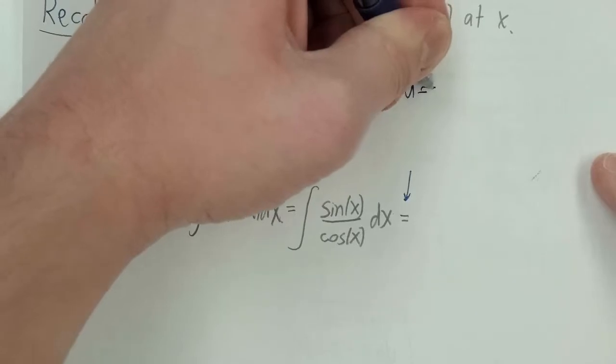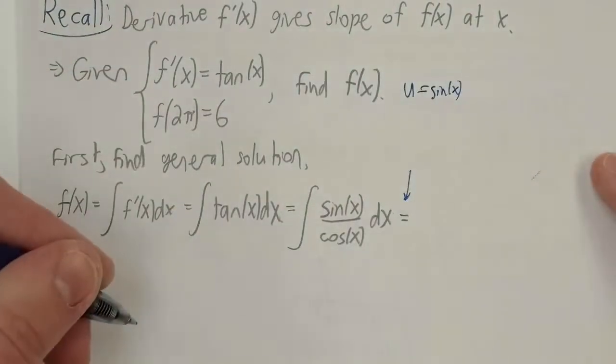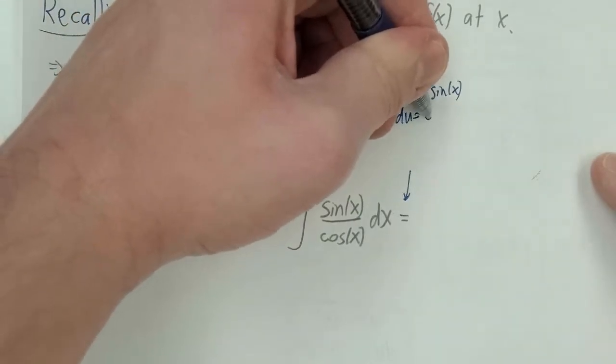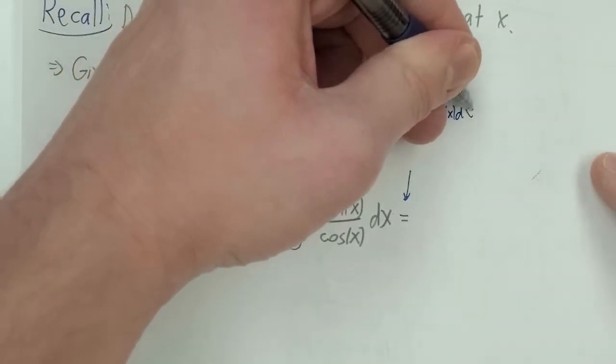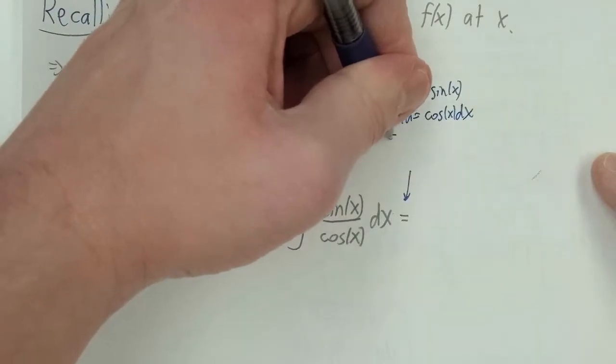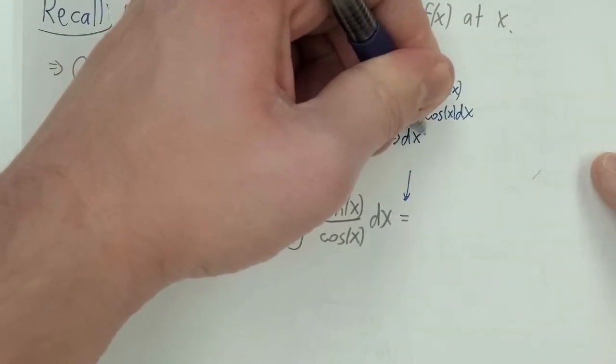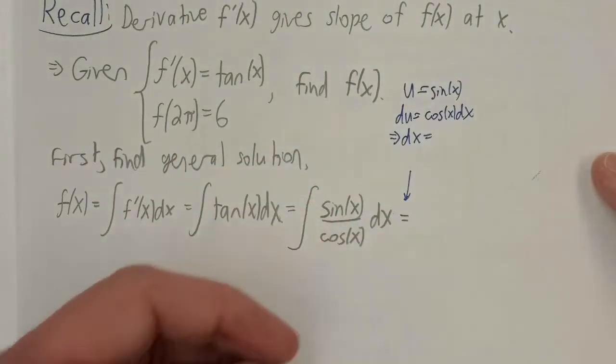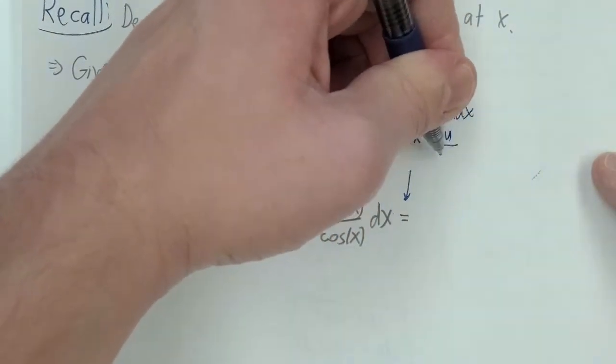So if we let u equal sine of x, then du is equal to cosine of x dx, or dx is equal to, if we divide cosine over to the other side, du over cosine of x.